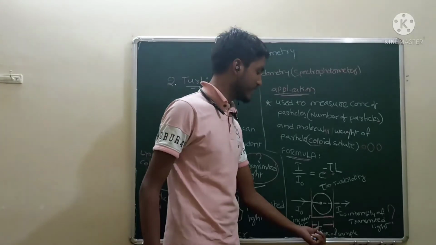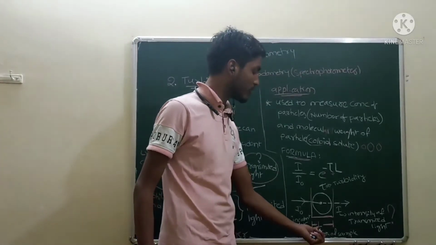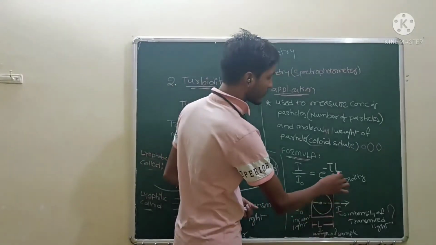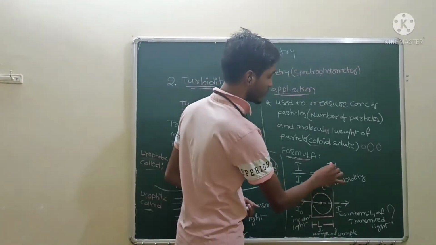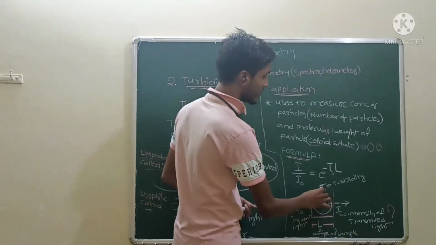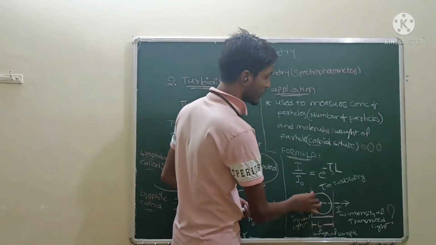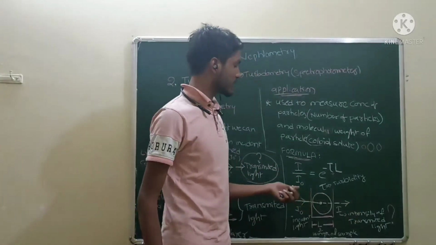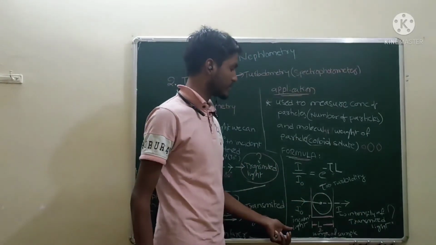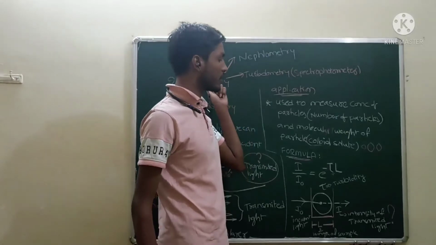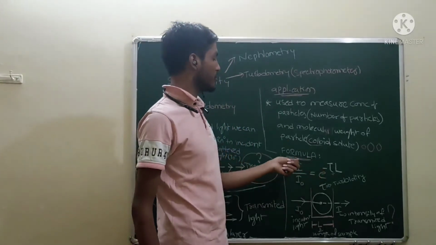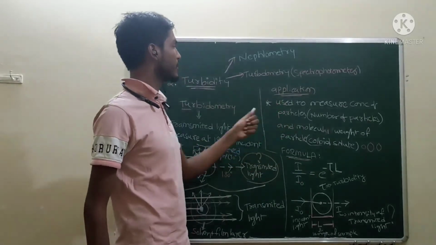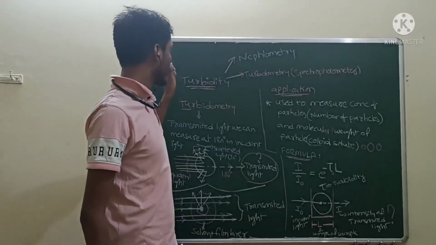I is the intensity of transmitted light, I naught is the intensity of incident light. This is the formula applicable to calculate turbidity by using turbidometry. This is the principle of turbidity.